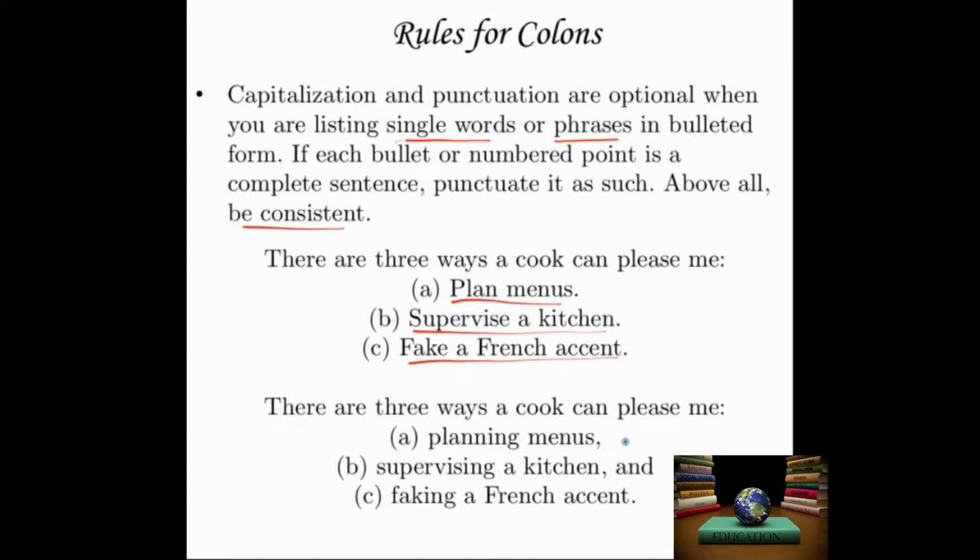Well, all of a sudden that's not an imperative anymore, so it's not a complete sentence. Supervising a kitchen, and faking a French accent. So we don't need to capitalize the P, the S, and the F as we did up here, because these are complete sentences, and these are not. And you'll notice you use the colon in both places.